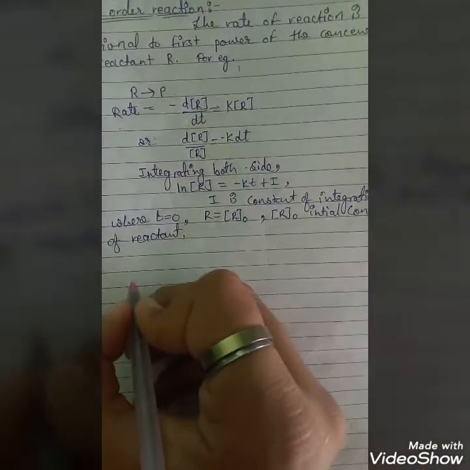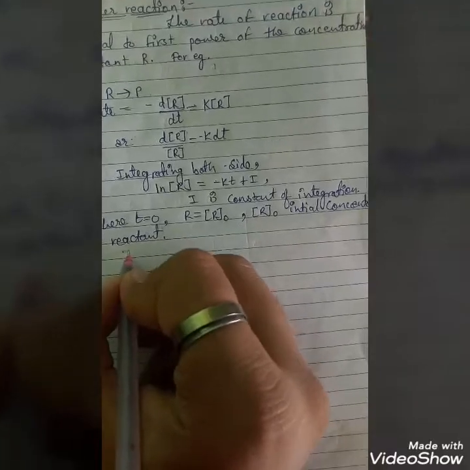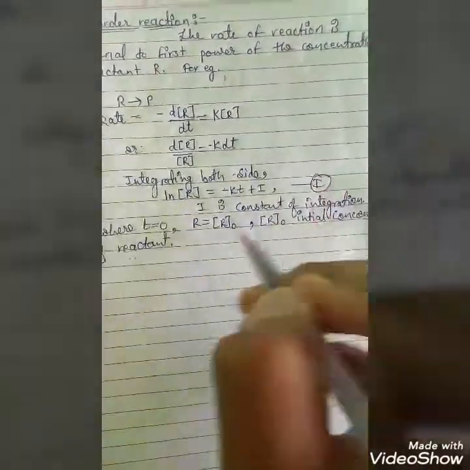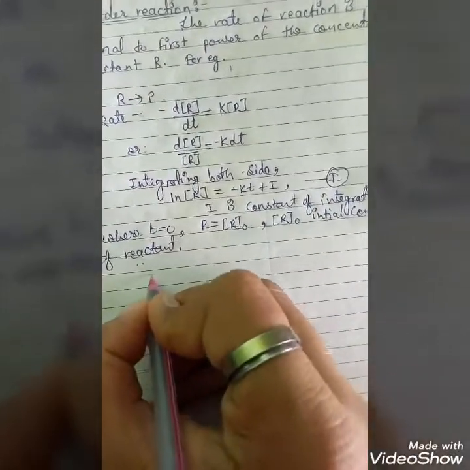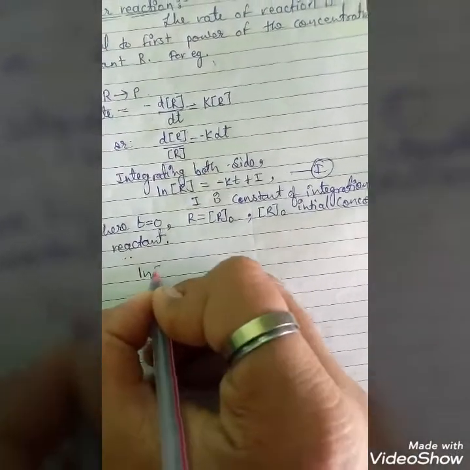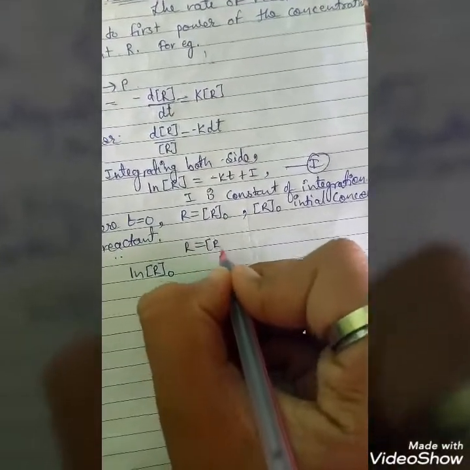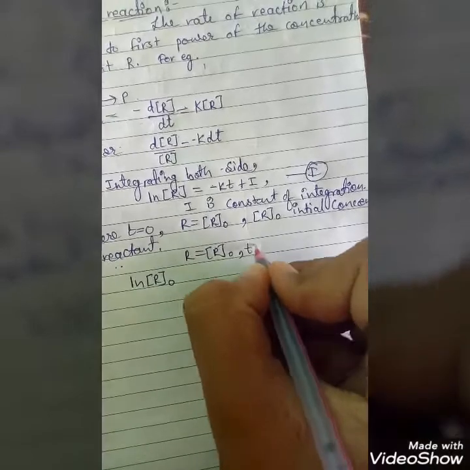So now in the first equation, replace ln R with ln R naught and t equal to 0.